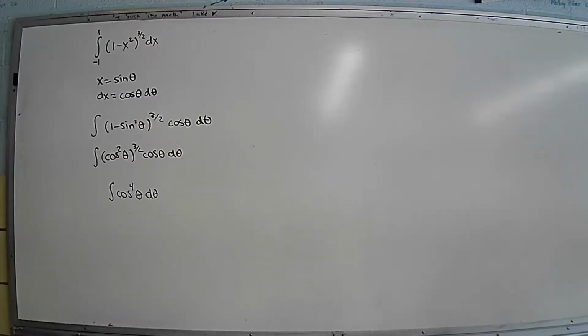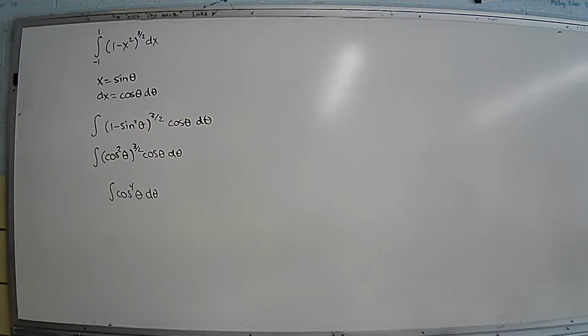About 3/4 of the way through this last period, after I tried a bunch of different things, I saw it. It was because of something Colin said that jarred my memory, but we didn't have time to finish it out. But we'll do it now. So what's the problem with cosine to the 4th as it stands right now? You don't know the antiderivative.